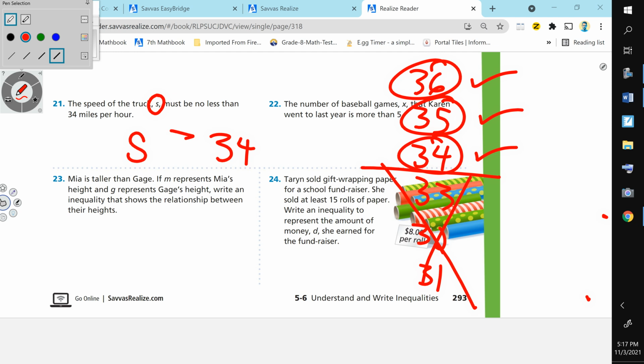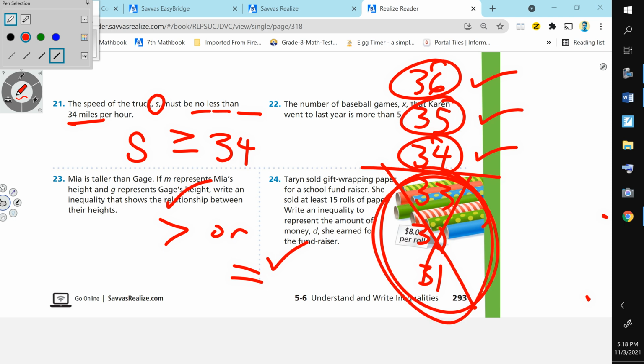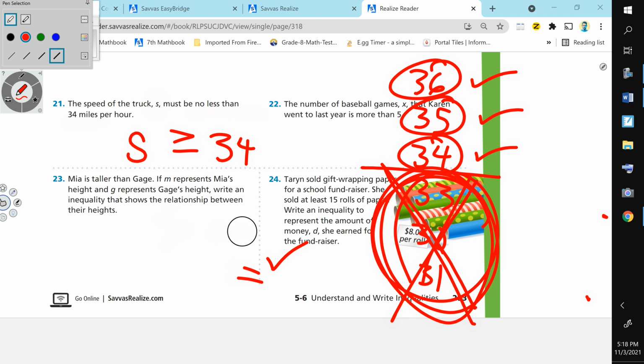So it's going to be greater than or equal to 34. Equal to is fine. Greater than is fine, but no less than that. And all of these numbers here are less than that, and we do not want that. That's the best way that I can explain that, okay? Because again, I don't want you just to know the symbol to use immediately just because of the phrase. I want you to understand why it works like that.